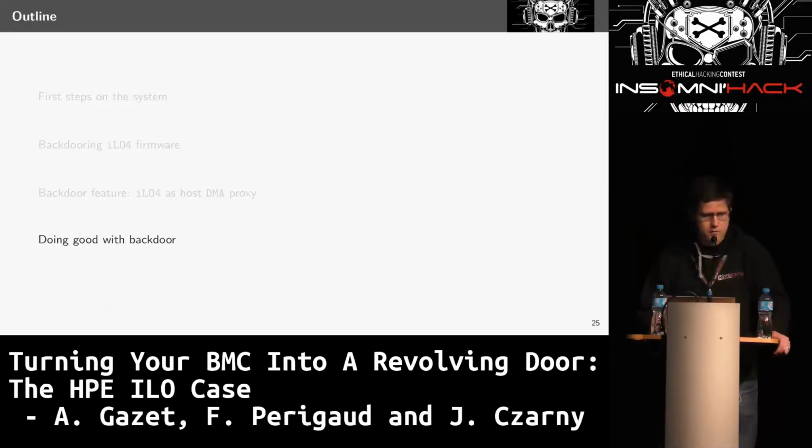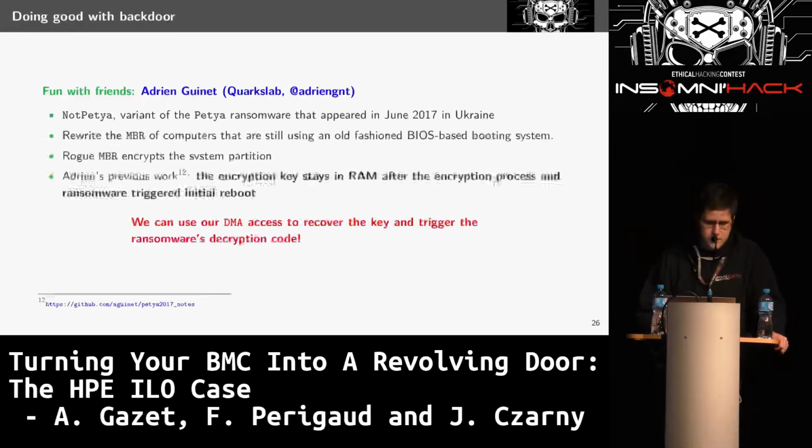And finally, for the light side of the force, we played a bit with the NotPetya malware. NotPetya is a ransomware which appeared in 2017. The fun thing is that it rewrites the MBR of computers, so that when you reboot your computer, the custom MBR runs and it will encrypt all your disk with a randomly generated key.